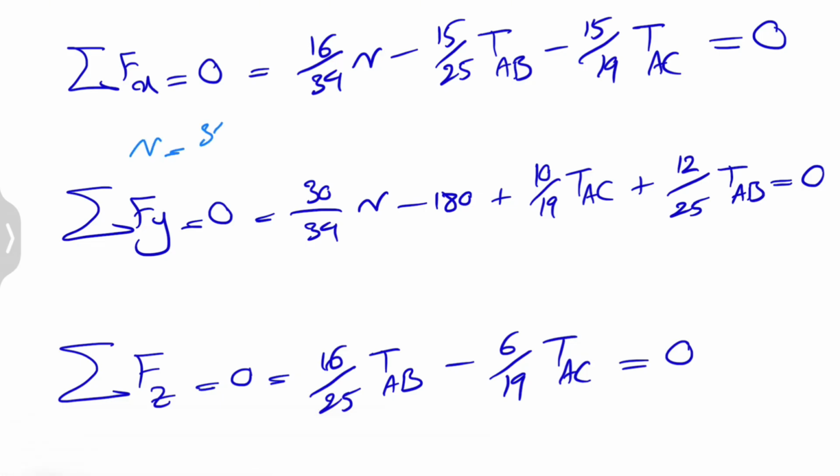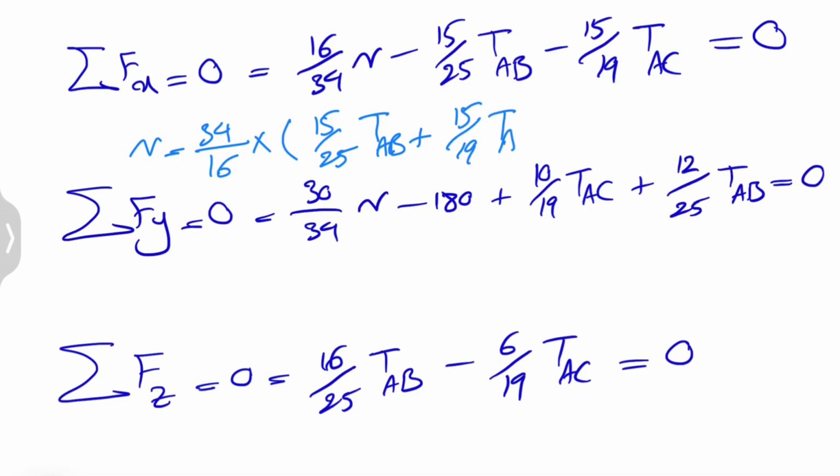So our n in here would be basically 34 over 16 times 15 over 25 TAB plus 15 over 19 TAC. So all the signs will be positive since they are on the other side of the equation, and we can put that n in the second equation in here.